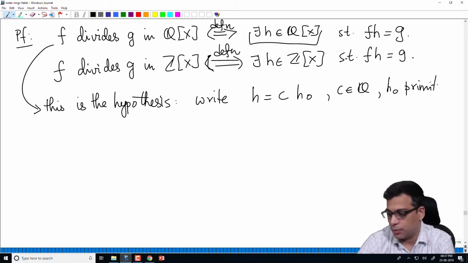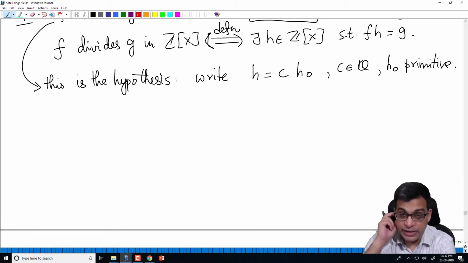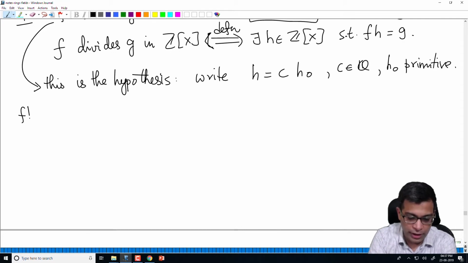Remember, this is a crucial proposition that we proved at the end of the last video. Every rational polynomial can be written as a product of a rational number and a primitive polynomial, and it's a unique expression. So now we know that g is equal to fh, which is equal to c f h0.